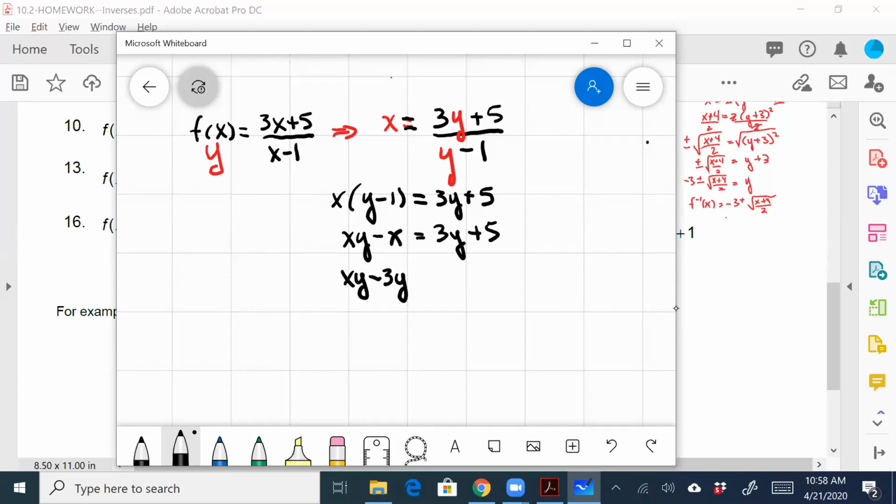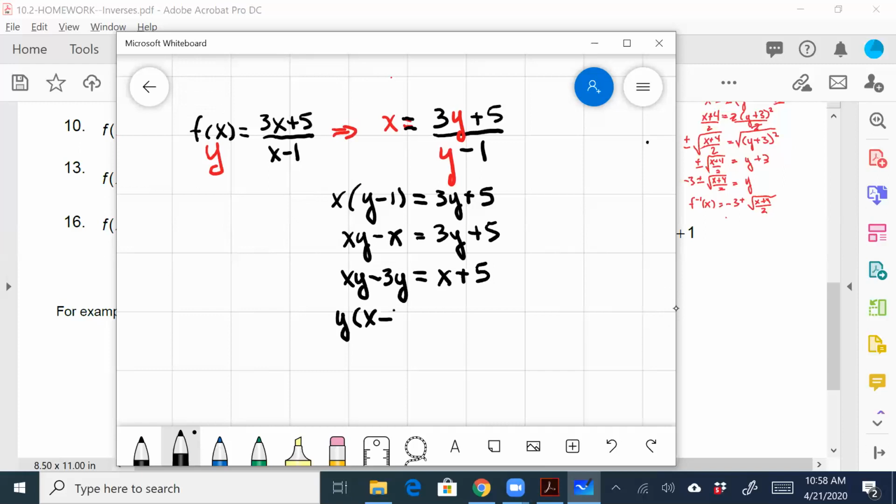And then adding x to both sides gives me x plus 5. Does that make sense? And then since both of these have a y in it, I can factor the y out. So I'm going to write y times x minus, what would the other thing be?